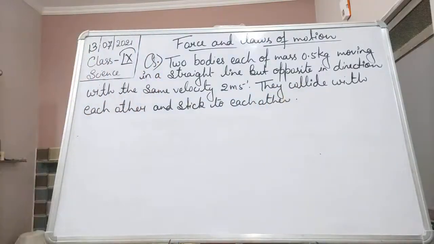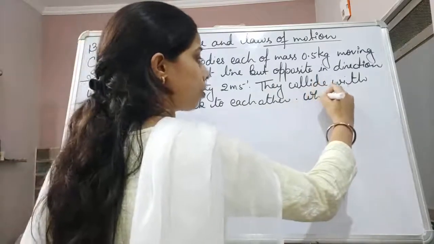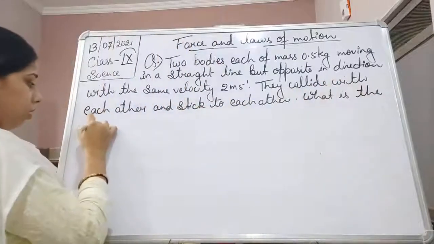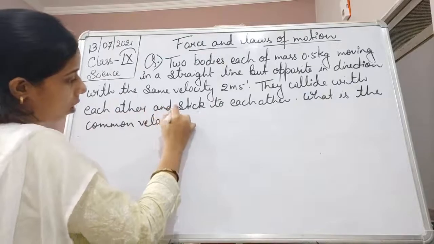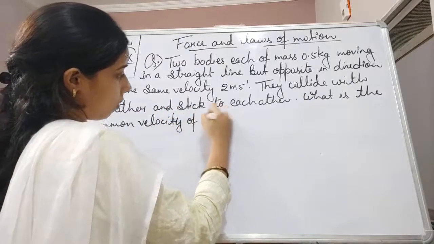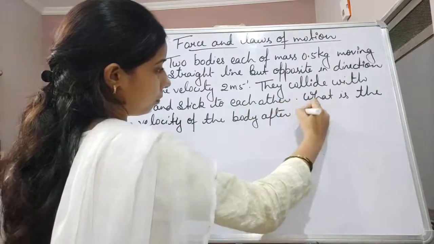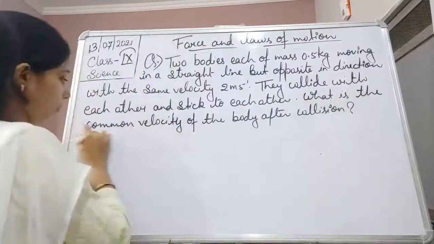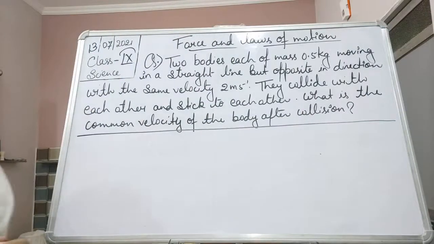So, what is the common velocity of the bodies after collision?